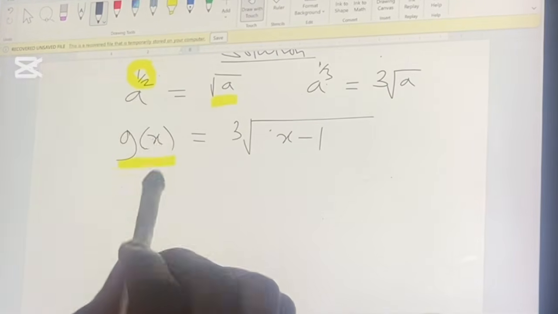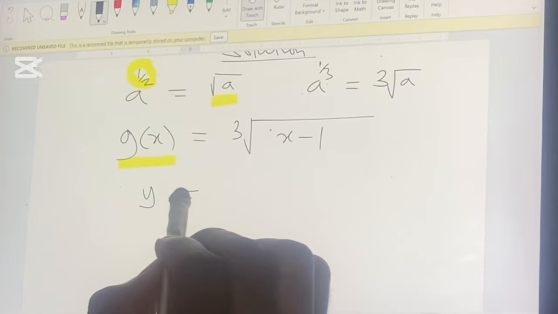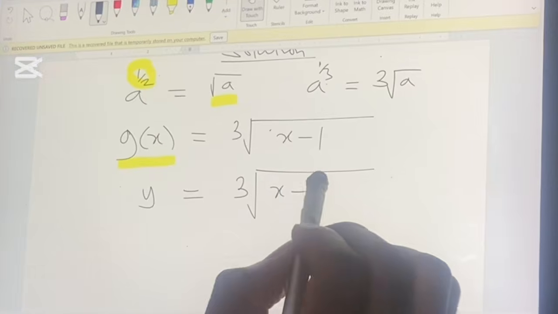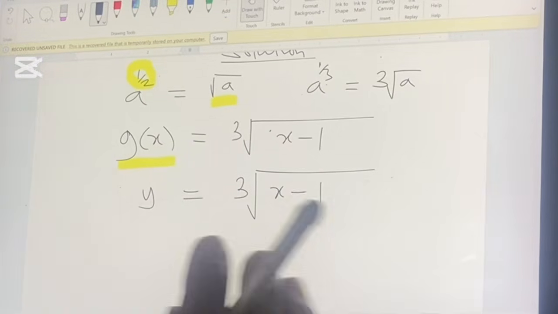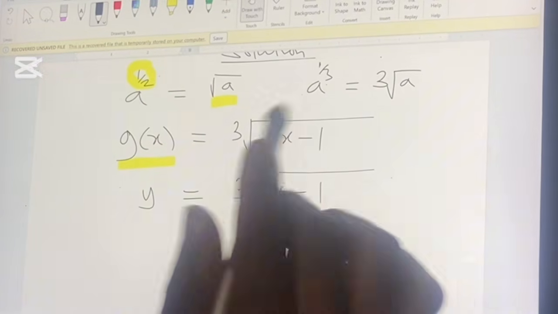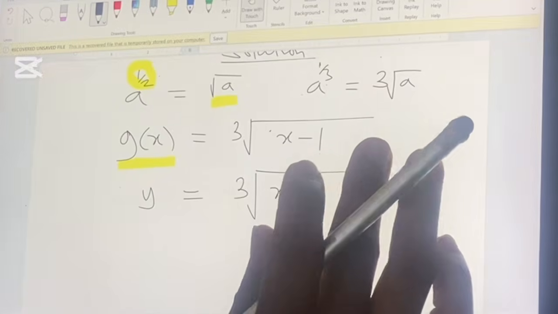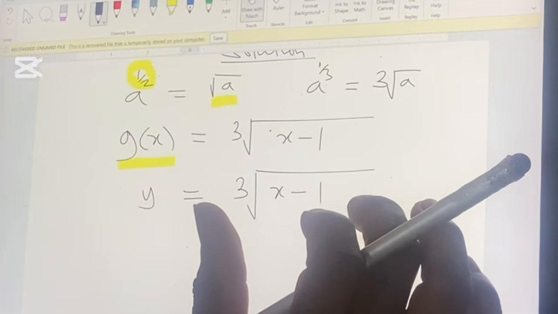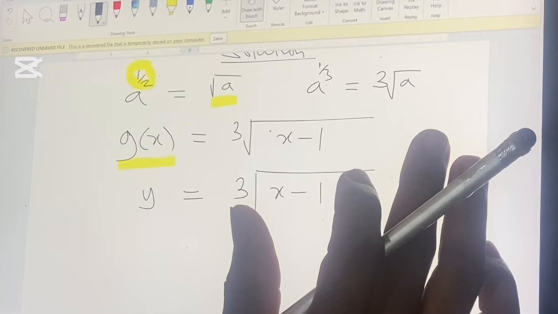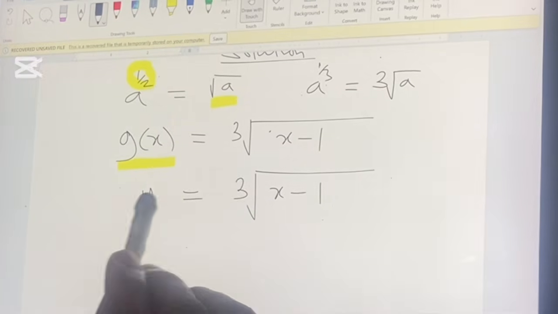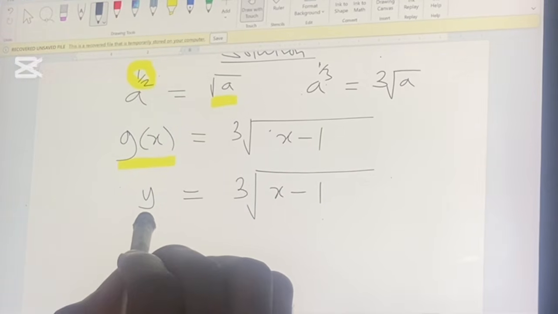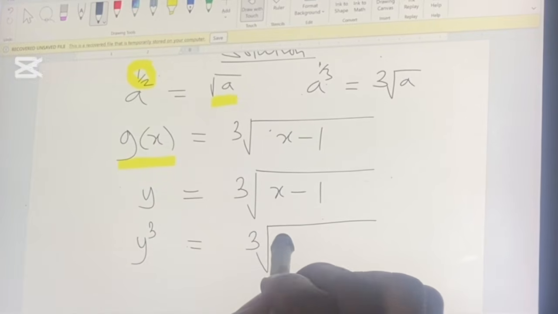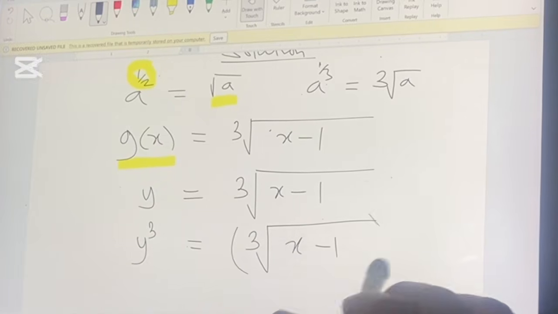Remember? When you do that, this will be y equal to cube root of s minus 1. So class, the next thing here is to remove this cube root, okay? To remove this cube root, I will cube the right hand side and the left hand side. When you do that, I will have y raised to the power of 3 is equal to cube root of s minus 1, all cubed.